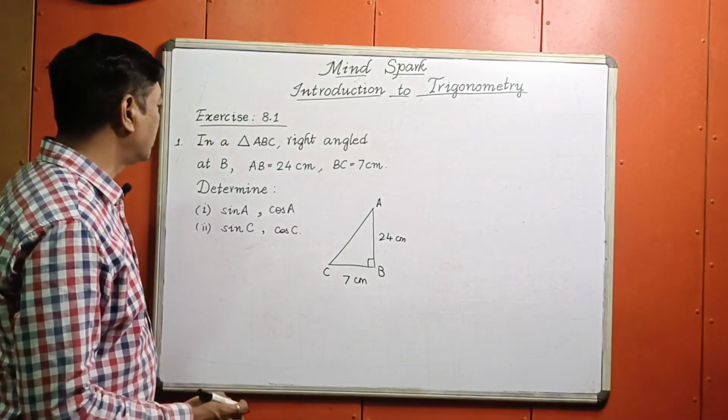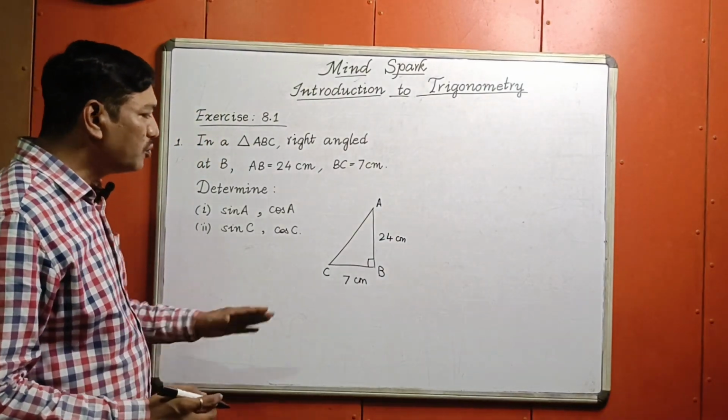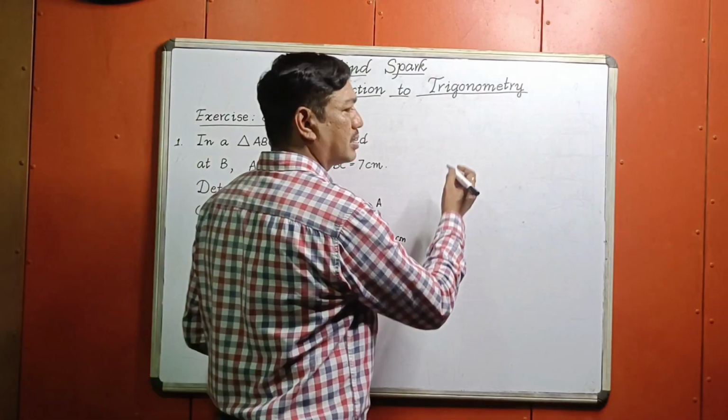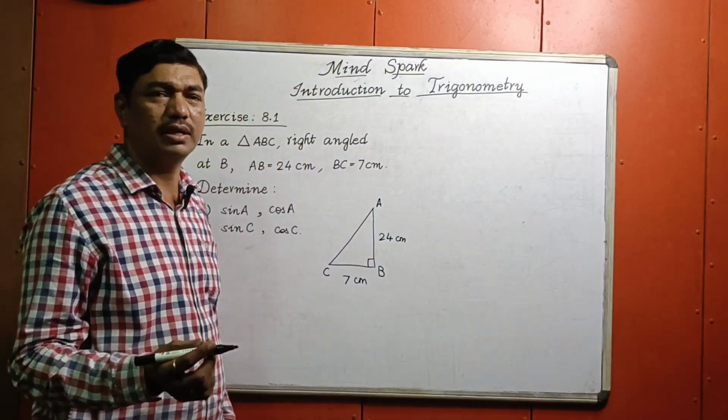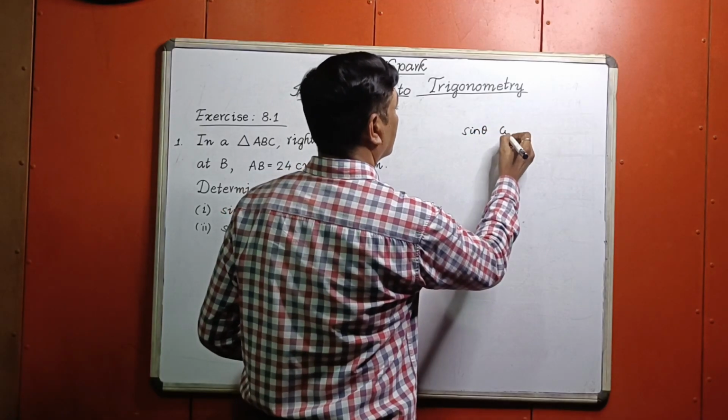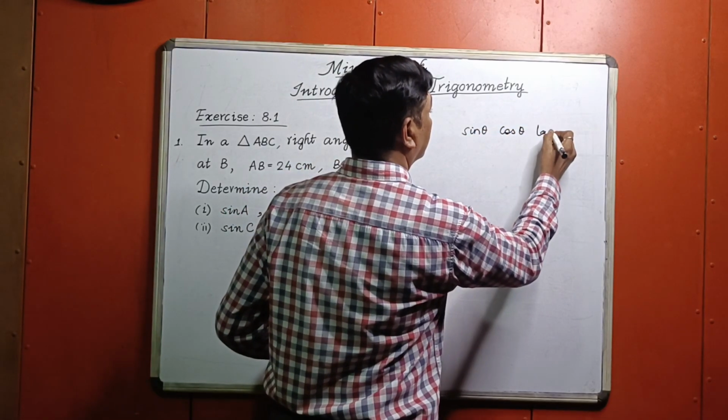Okay. So here, before solving this problem, you can write the table. I gave the table in the last class, previous episodes. You can see that last table, that is sin theta, cos theta, and tan theta.